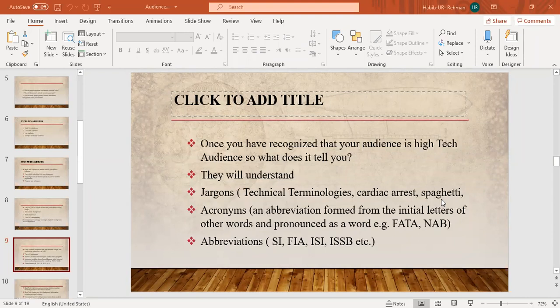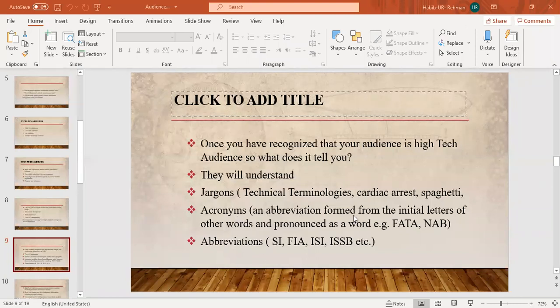It means where is the hose, where is the pump where they draw water in order to extinguish the fire. So spaghetti in the field of firefighting has a different meaning.